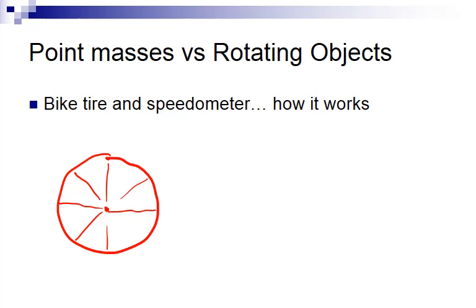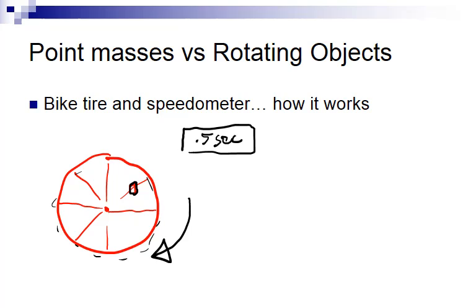Let's say we have our magnet here and our sensor, and so the tire is going around, and we want to figure out how far we go and then how much time it takes, right? So we can have the sensor there. Let's say that the tire goes all the way around, and let's say it took 0.5 seconds to go all the way around.